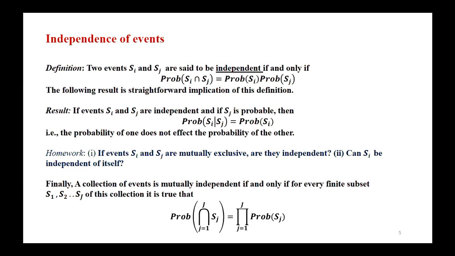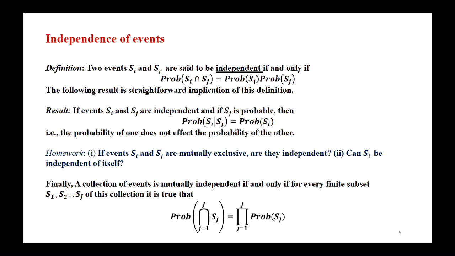So we can do two events, that's easy. It's also very straightforward to generalize to more than two events. So we say that a collection of events, S1, S2, up to Sj, is mutually independent if and only if we take any j of them, and for those j, the probability of the intersection of all of them is equal to the product of their probabilities.